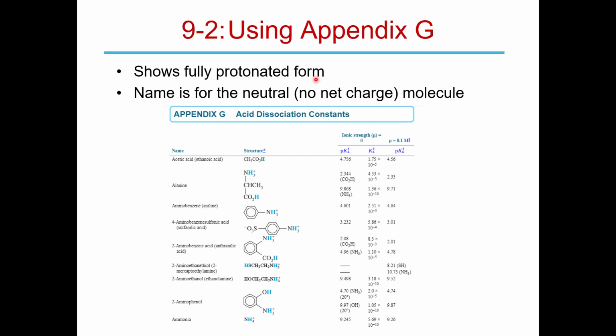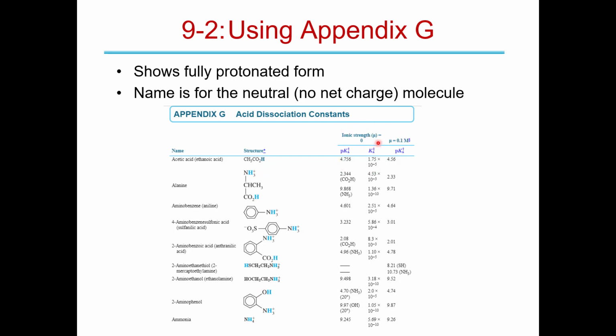If you're looking up a base, you need to look for its conjugate acid. The name that they give in this column is for the neutral molecule, the molecule that has no net charge. So even though what is pictured in the structure might have a charge, the name is for the one with no net charge. And what's shown in the table is the name, then the structure, and then it highlights in blue the acidic protons.